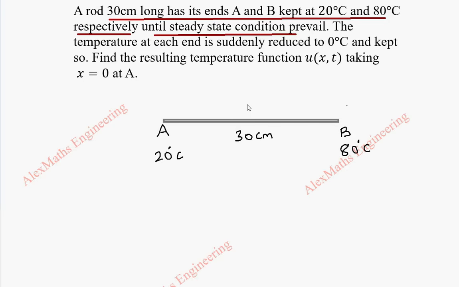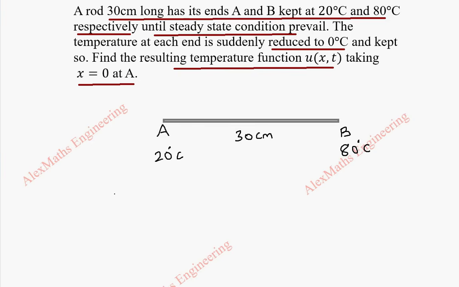centigrade. The temperature at each end is suddenly reduced to 0. So they say the temperature is suddenly reduced to 0 and kept so. Find the resulting temperature function u of x comma t taking x equal to 0 at A. So we have a heat equation.